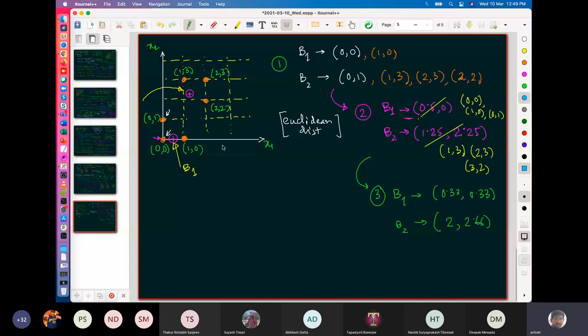So let us try to visualize. 0.33, 0.33 is somewhere 1/3 and 1/3, somewhere here, right? And this centroid is 2, that means here, and 2.66 somewhere here, right?